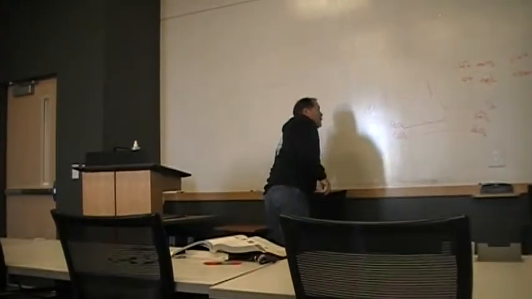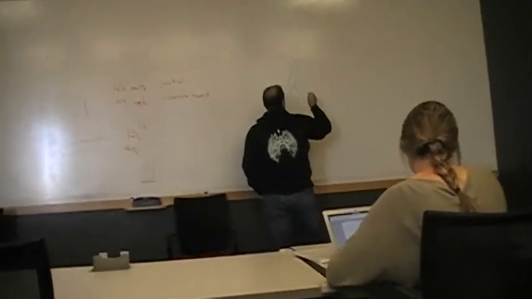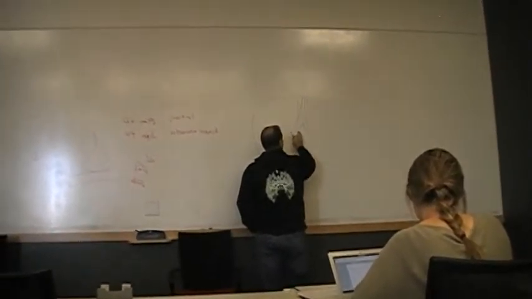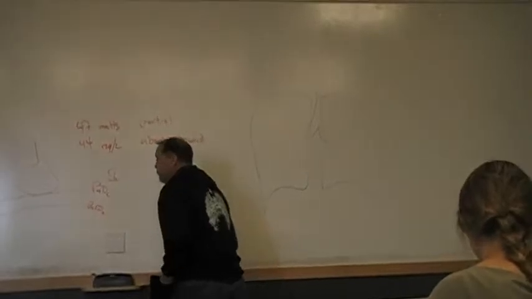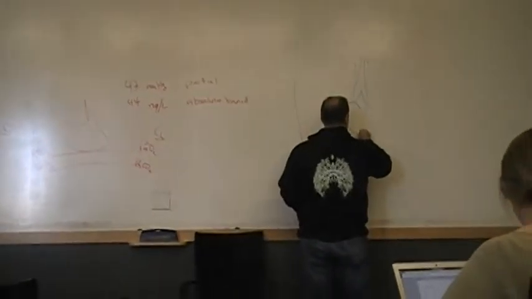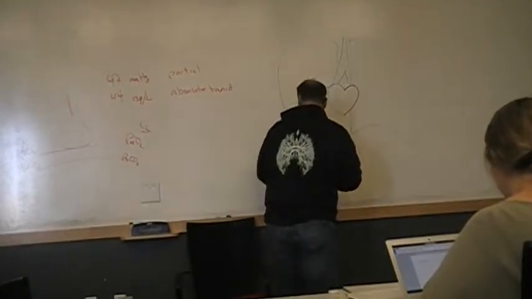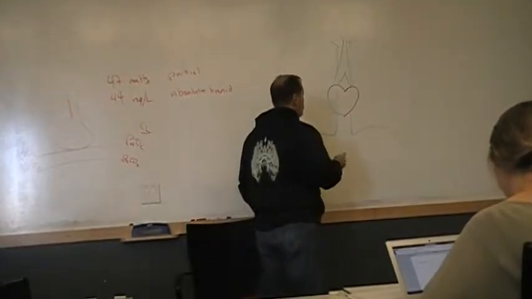Because remember when I drew that picture, here's the lungs. We've got right and left. Actually, let's do this in red, because the heart's red. Maybe we should do half of it in blue, because the right side is deoxygenated, and the other part in red, because the left side is oxygenated.